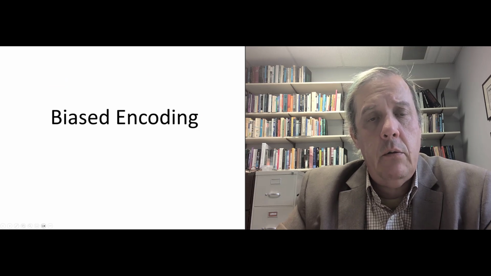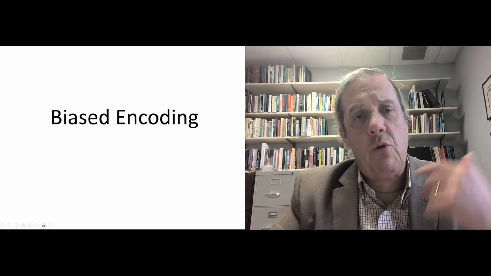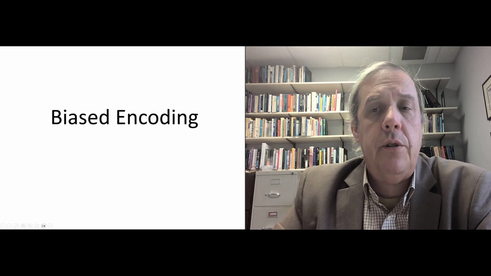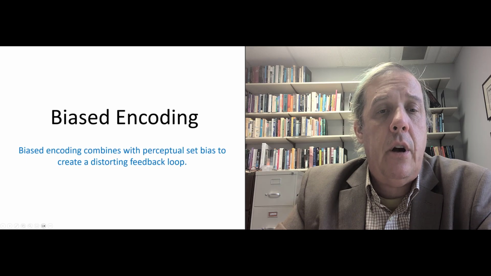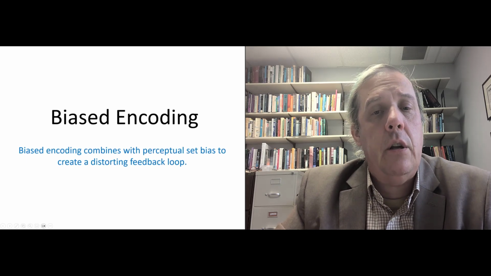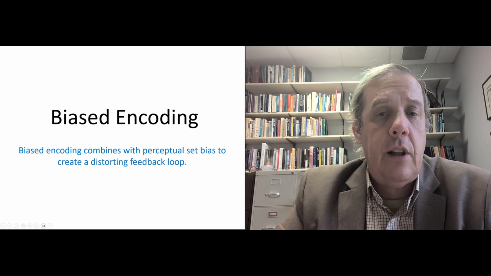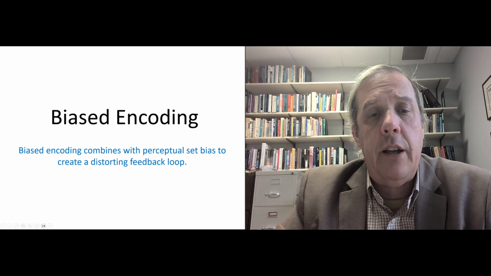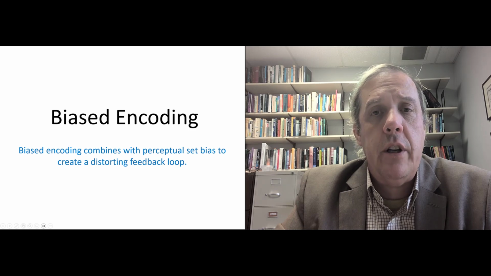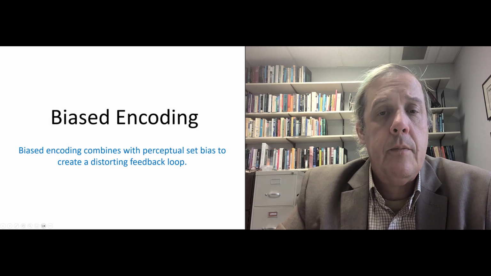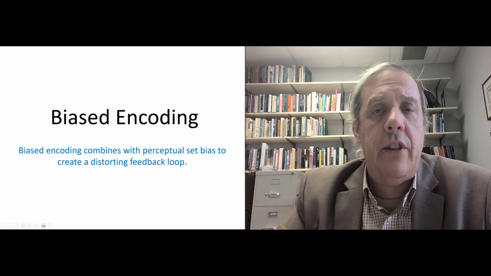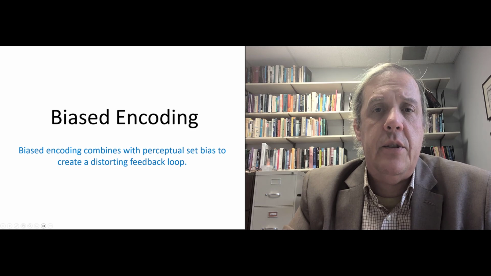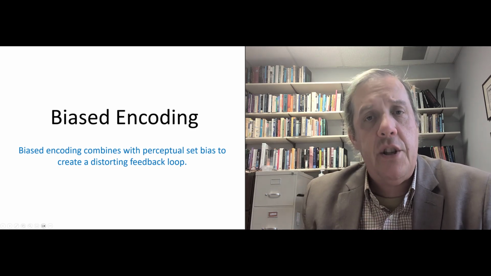Encoding, when you first record some scrap of what you perceive, is biased. And what's important to note here is that biased encoding combines with the bias we talked about in the previous class, perceptual set bias, to create a distorting feedback loop. Remember when we were talking about perceptual sets, we saw that what you see is based on expectations.